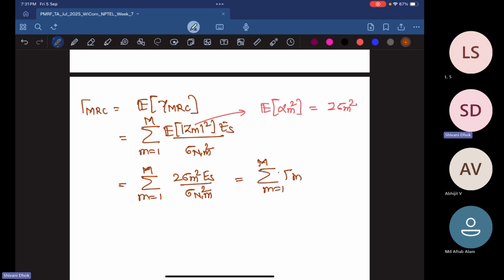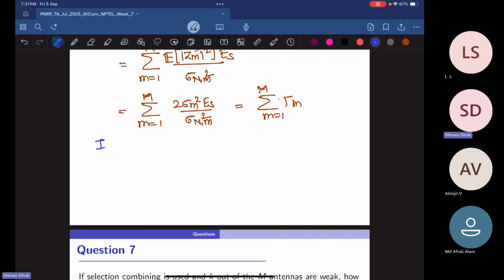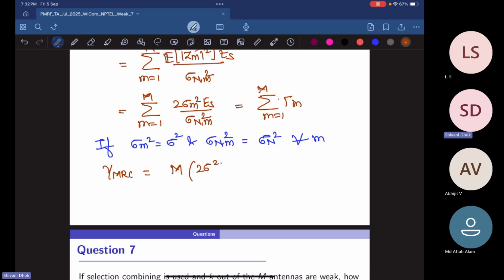Now again, if your antennas are identically distributed, that is if sigma m square is equal to sigma square and sigma nm square is equal to sigma n square for all m, then your gamma MRC becomes m times 2 times sigma square into Es by sigma n square, that is m times gamma 1.